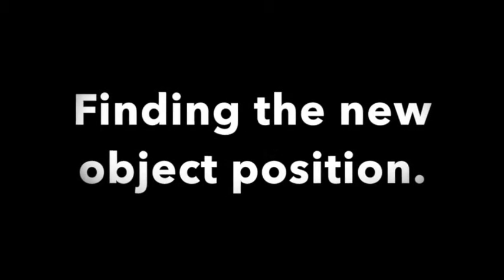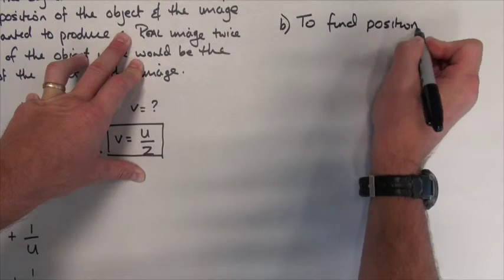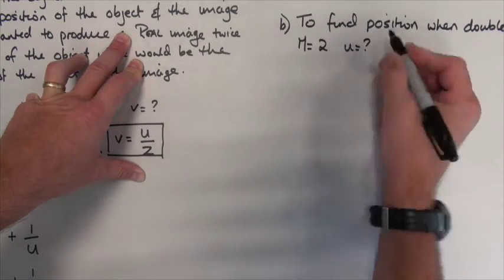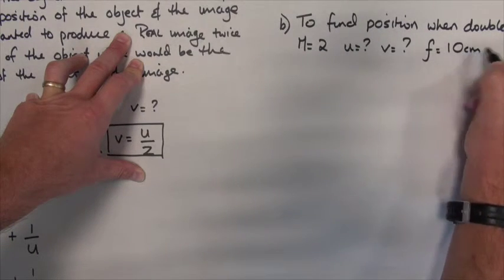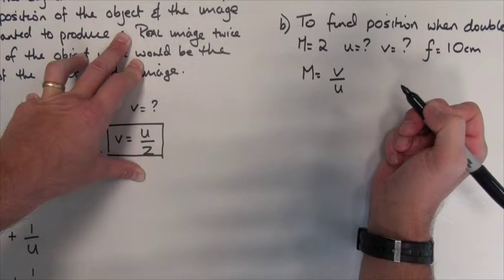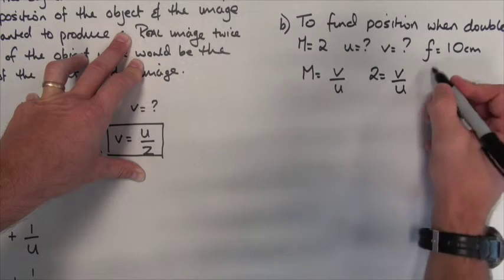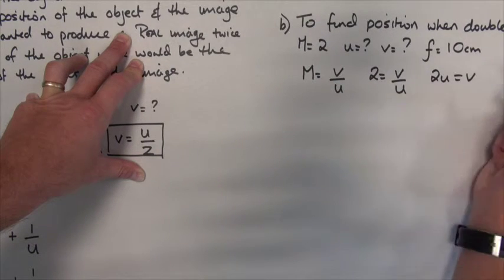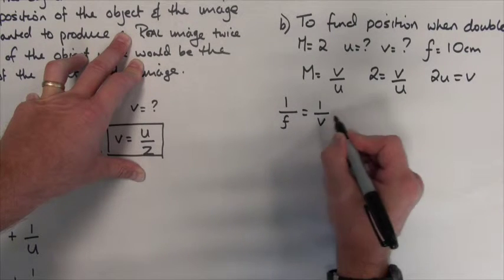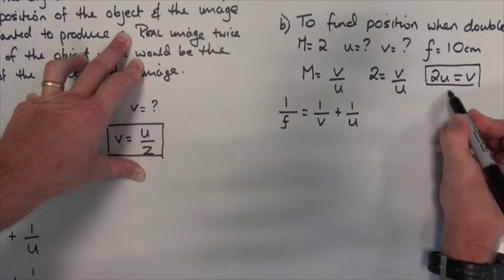So let's find the new object position for B. Remember that we've now got m, which is double the size. So in this case, we've got m equals 2, u and v have got to be found, and f equals 10. Okay, so we use the same formula, but in this case it's 2, not 1/2. I'll rearrange to make v the subject, and then I'll substitute that into the inverse equation. So there's my v.